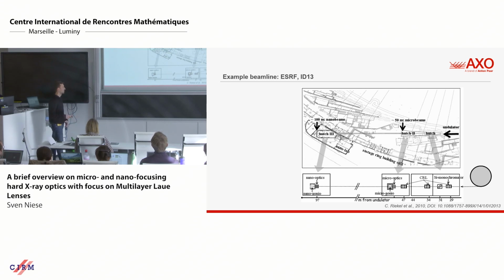In the end, we want to have optics, we want to apply them somewhere. That's the schematic of the ID13 beamline at ESRF, one beamline where we are typically testing our multilayer Laue lenses, which I will show you at the end of the talk.